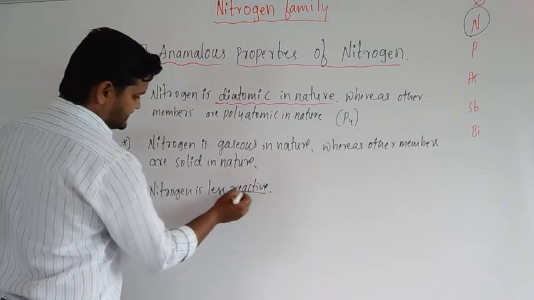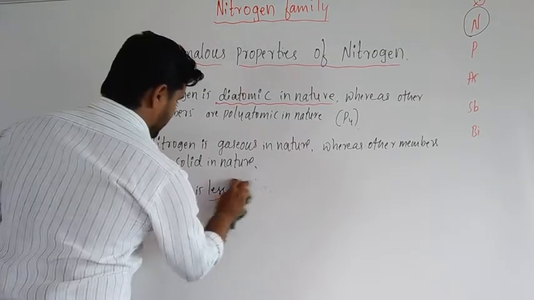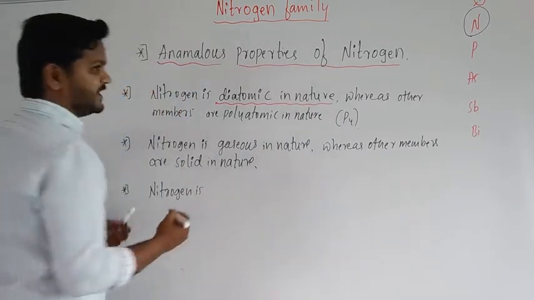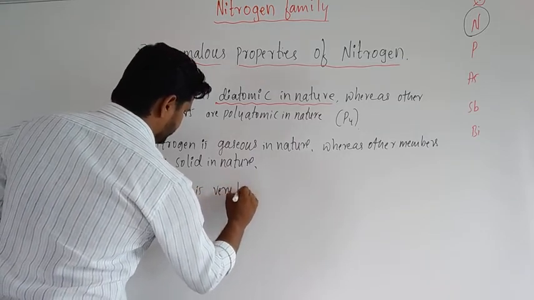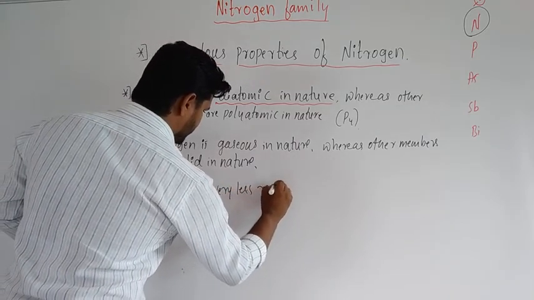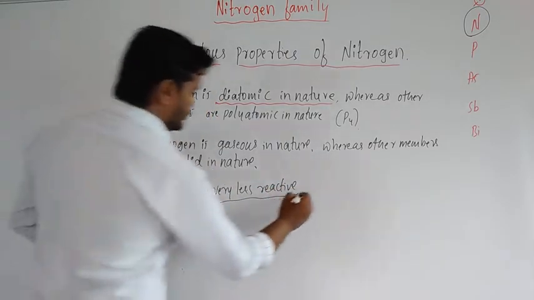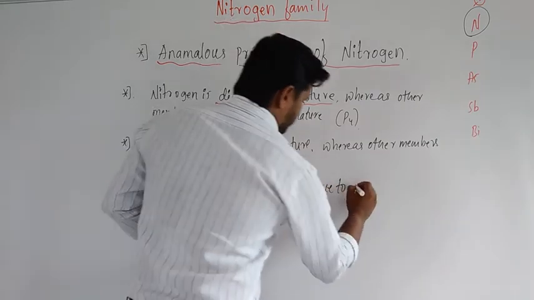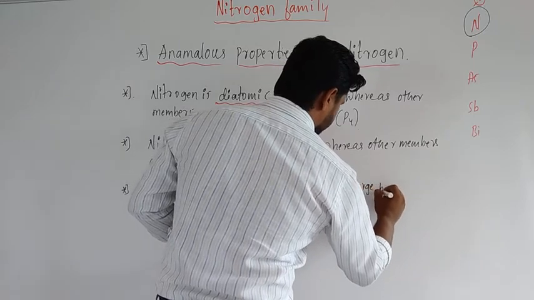Here, students, nitrogen is less reactive because its bond enthalpy is very high and it is made up of a triple bond. Its reactivity is very low due to large or high bond enthalpy.